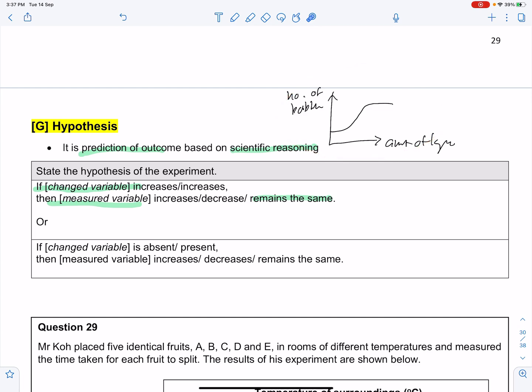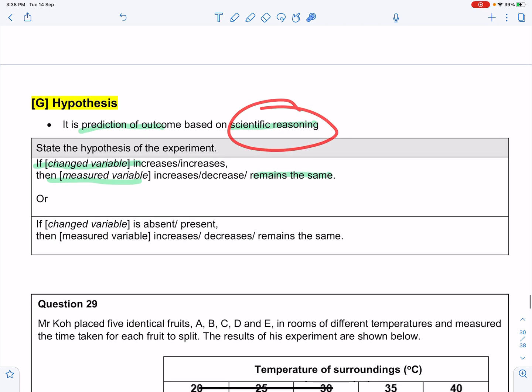So for hypotheses, there's no graph, no data. Okay, you have to predict based on your scientific reasoning. So for example, they will give you some background knowledge and then they ask you to come up with a hypothesis. So something that I'm very familiar with, I would say, if light intensity increases, that's my change variable, rate of photosynthesis will increase. Why?